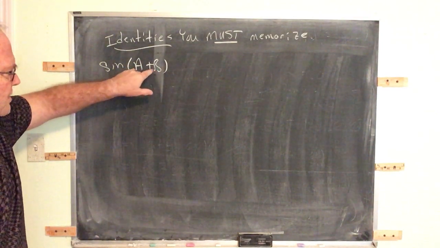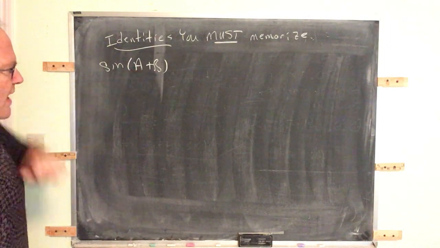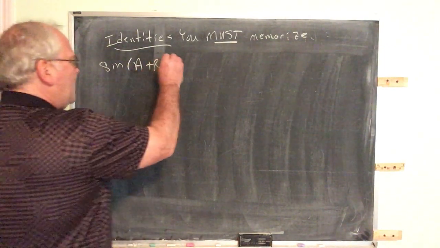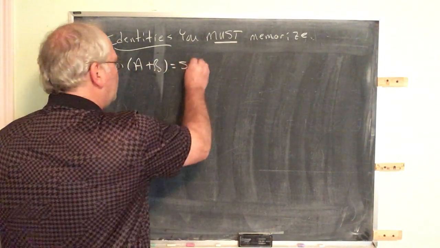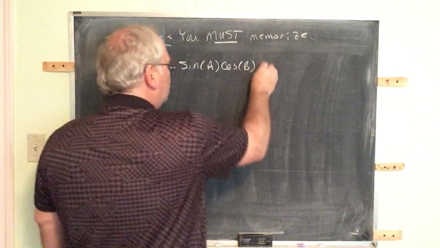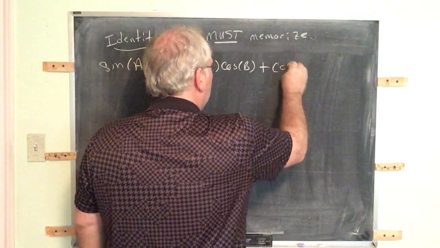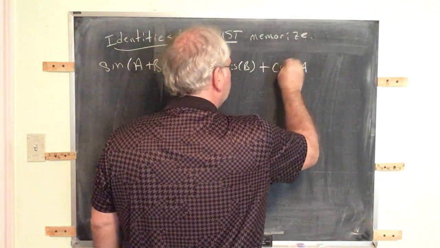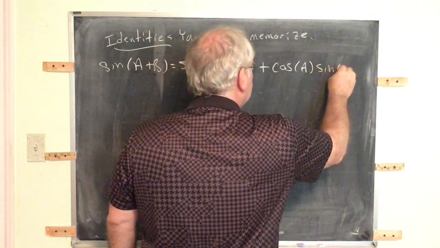The sine of the sum of two angles can be written as sine of the first, cosine of the second, plus cosine of the first times sine of the second.